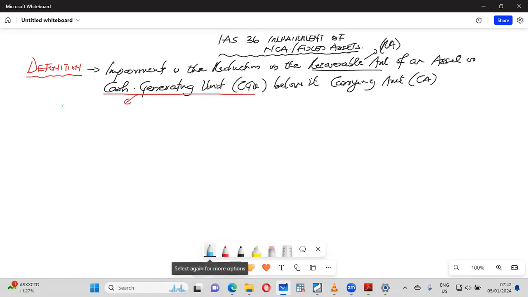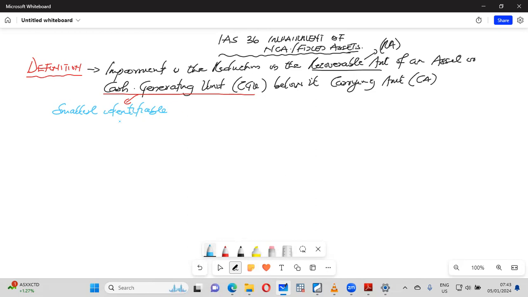So when you see it mentioned anywhere, a cash generating unit is just talking about the smallest identifiable group of assets. When we say something is identifiable, we've learned in IAS 38 that it means it can be separated.